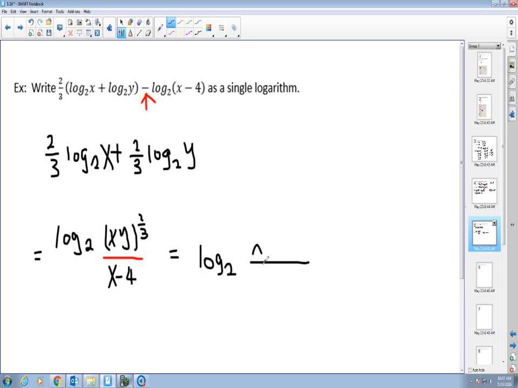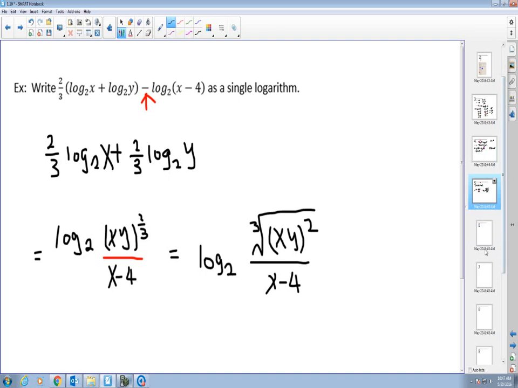Denominator is the roots, so that will be a cube root of xy, whole thing squared. Or you can say x squared, y squared. No, still the same thing. Minus 4. Alright, so I can do it either way. Write them as a single logarithm.